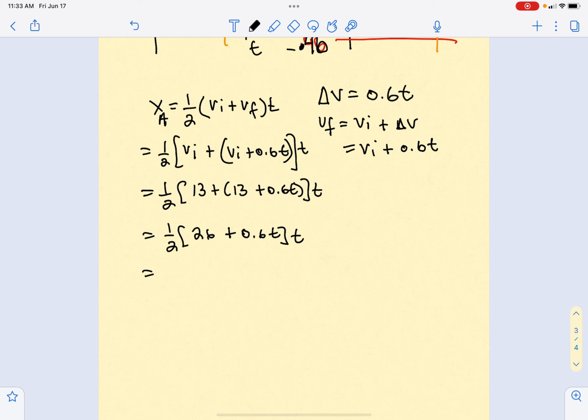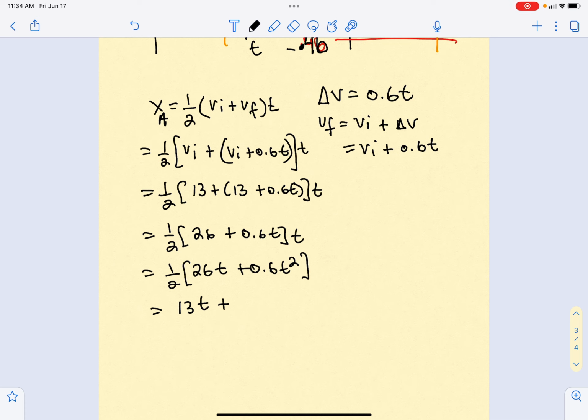If I distribute now, so here's where the algebra comes in, I have 26t plus 0.6t squared. Now I have 13t and 0.6.